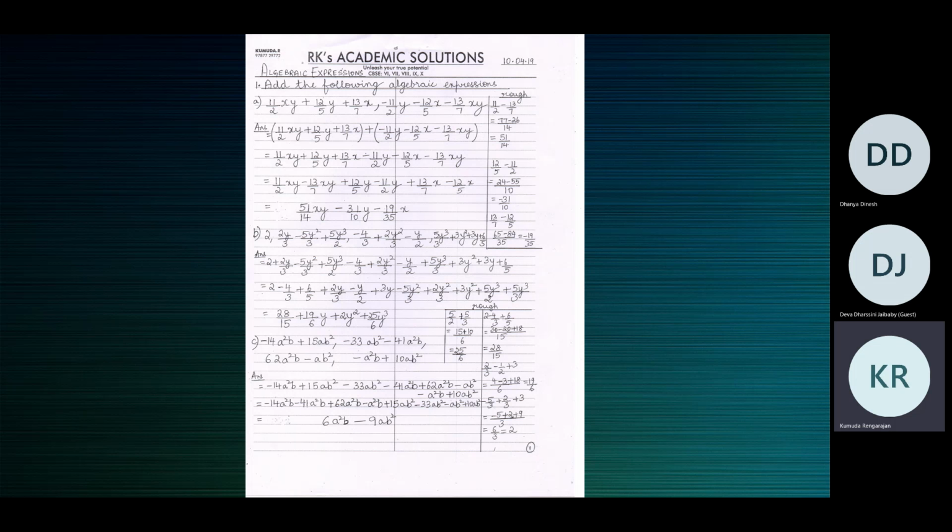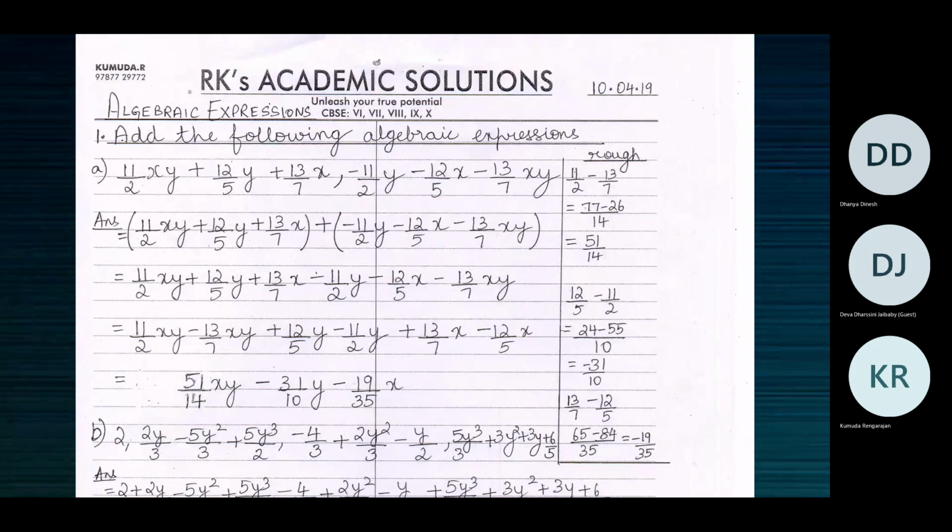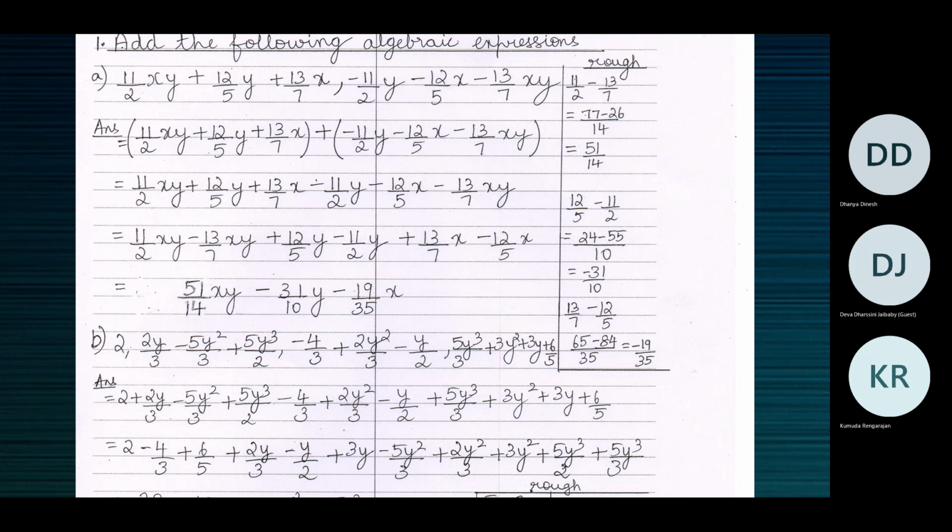See all these sums which you can see, 3 questions and answers on the screen. These were explained in the videos. Have a look and tell me if you have any doubts. What are like terms, by the way? What are like terms and unlike terms? Like terms are those algebraic expressions which have same variables, ma'am.